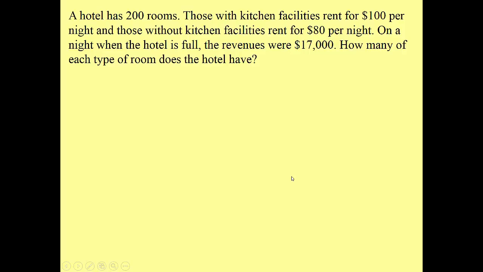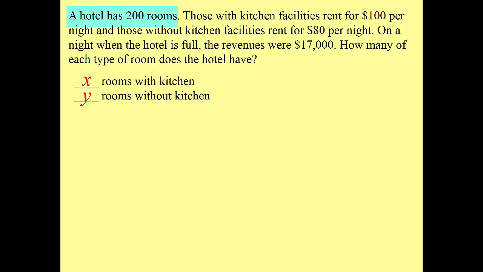Here's another word problem, similar to some we did back in chapter 2. And so let's see. The variables are the rooms with kitchens and the rooms without kitchens. We'll call one of them x and one of them y. Now, since there are 200 rooms total, we know one equation is x plus y equals 200.